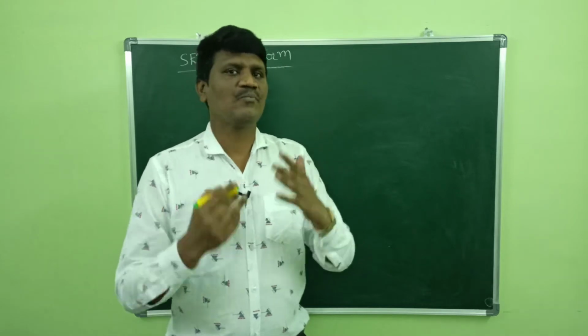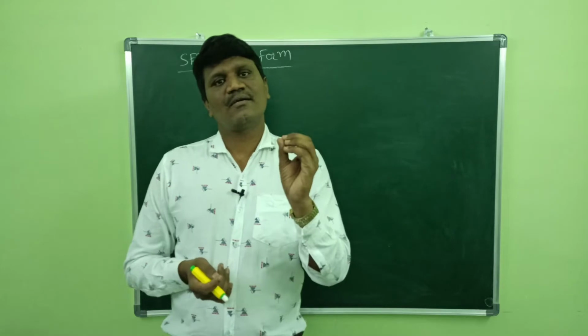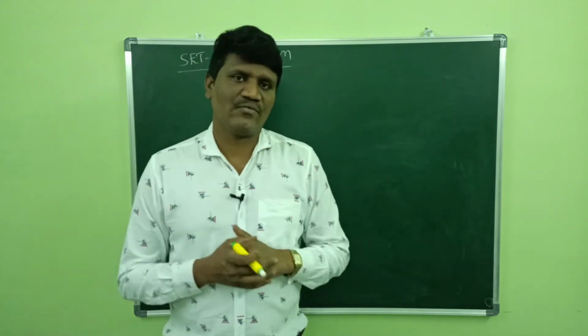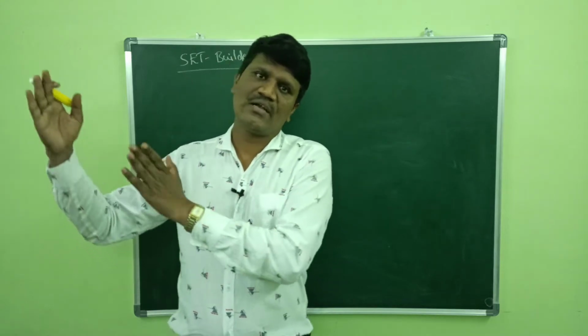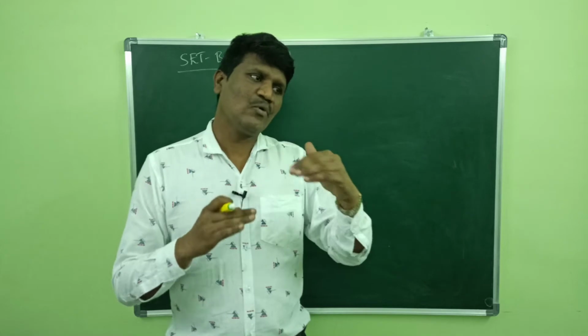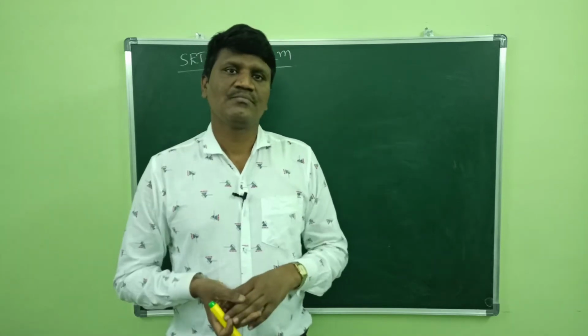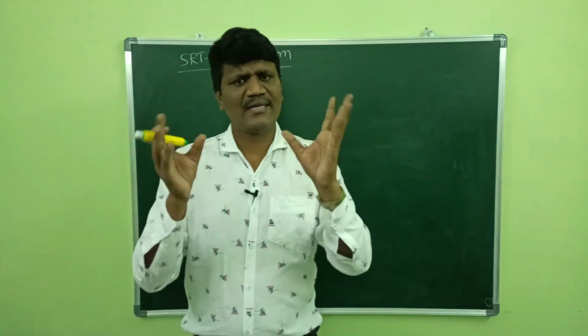Or if I am asked to write the set of elements which are multiples of 5: 5, 10, 15, and so on. So if we cannot write a set in roster form, it can be written in set builder form, which is very easy.